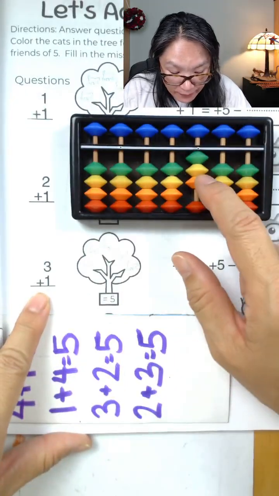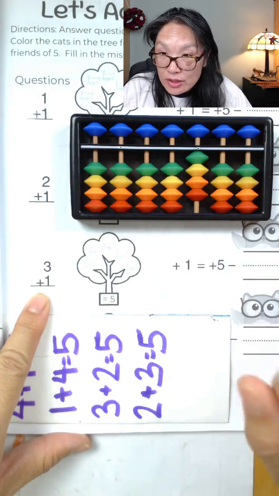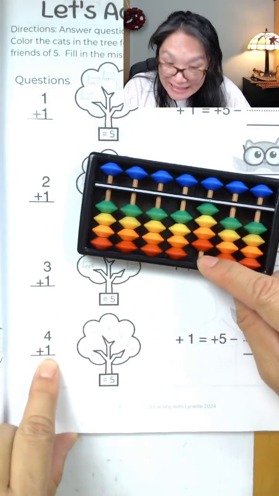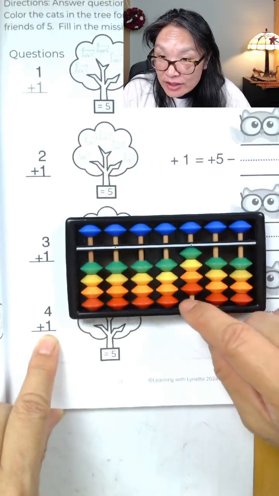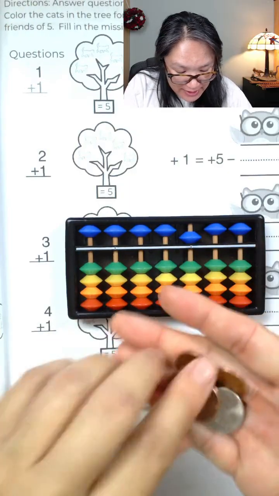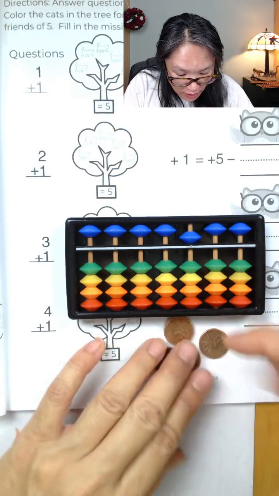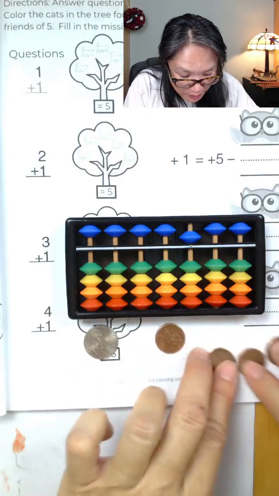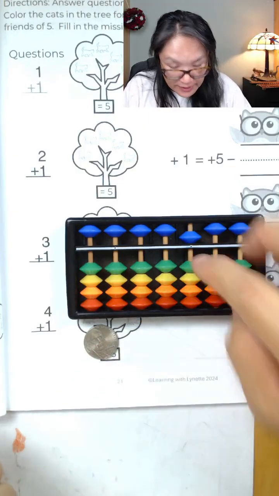I have 3, I want to add a 1. Can I do it? Yes, I can do it. Not a problem. Now I have 4. I want to add the 1. Now is where I have to understand I need to add the 5, take away the 4. Same thing. If I have 4 and I want to add the 1, I give you my 5 cents, but I need change back, so I'm going to take away 4. And that's what I did.